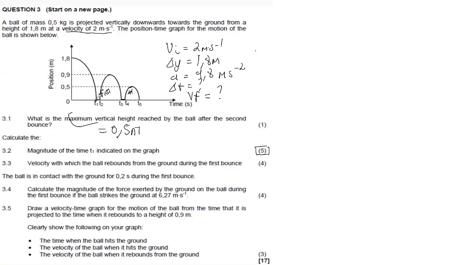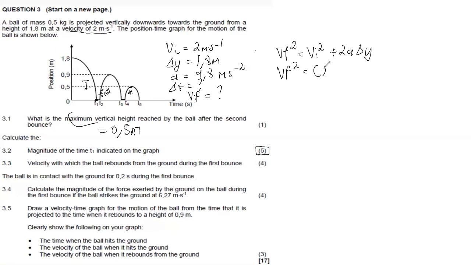So time T1 has to be for the first part, when the ball is still being projected downward and then reaches the ground for the first time. Okay, so let's agree to use the formula VF squared equals VI squared plus 2A delta Y. So I'll be using this formula to find the V final. So this is VF squared.